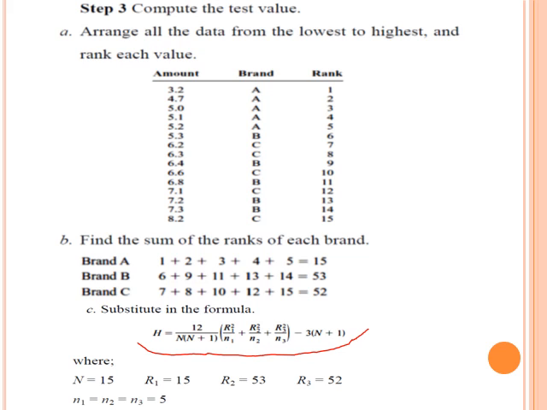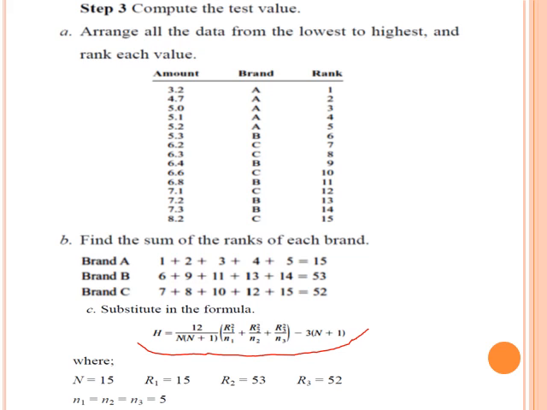Here from this formula, we need the values of R, which are not given directly. So we should rank the 3 samples. Again, go to the table given with brand A, brand B, and brand C. We will arrange all the data from lowest to highest.